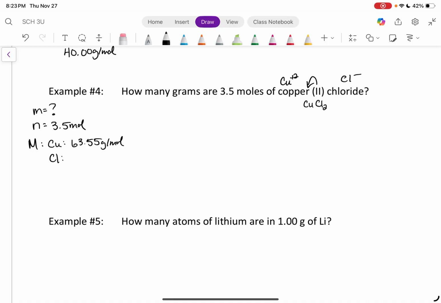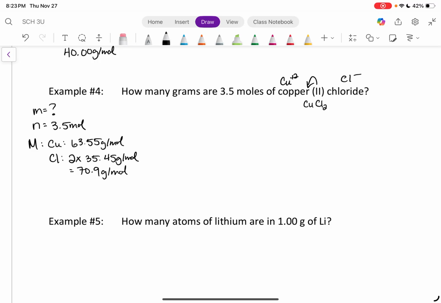For chlorine, I have 2 of them. So I'm going to have 2 times the atomic mass of chlorine, which is 35.45 grams per mole. So if I do 2 times 35.45, I have 70.9 grams per mole of chlorine.